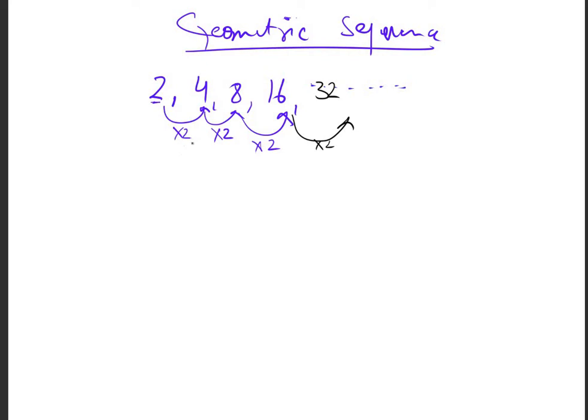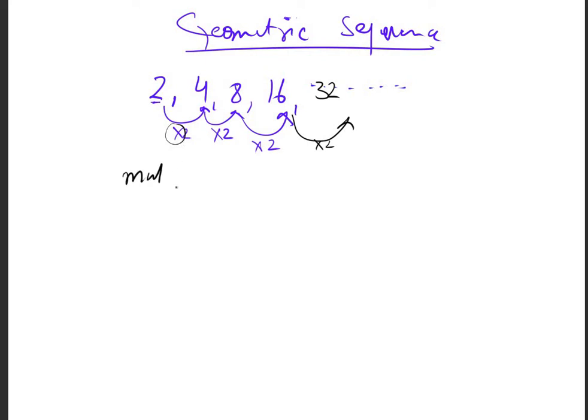So here, the basic difference between arithmetic and geometric sequence is the operation that we are using to get to the next term. Here we are using multiplication.